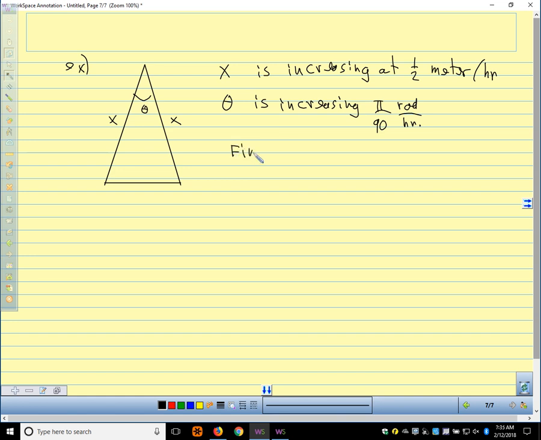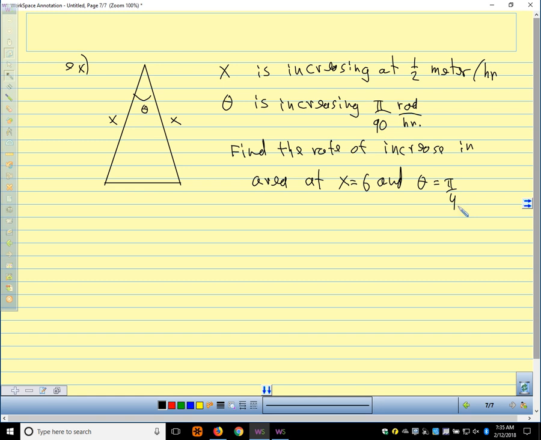We want to find the rate of increase in area at x equals 6 and theta equals pi over 4. So this is our related rates problem. And we're assuming all these measurements are exact. So this isn't an approximation.